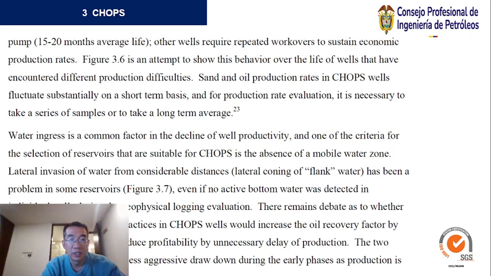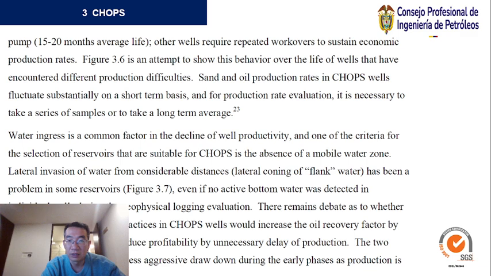Water ingress is a common factor in the decline of well productivity, and one of the criteria for the selection of reservoirs suitable for CHOPS is the absence of a mobile water zone. Lateral invasion of water from a considerable distance has been a problem in some reservoirs, even if no active bottom water was detected in the individual wells during the geophysical logging evaluation.